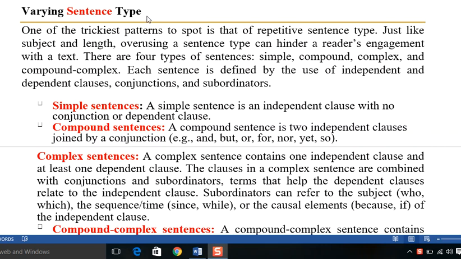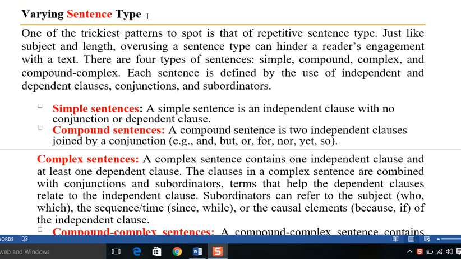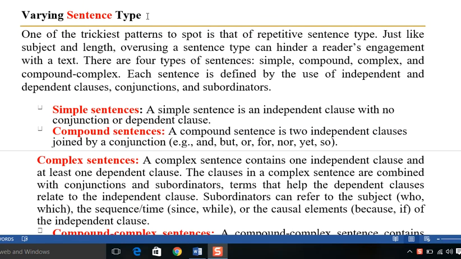In the previous discussion we talked about sentence length and different structures: ideally, in scientific and business writing, the sentence length should be moderate, not too lengthy and not too short.